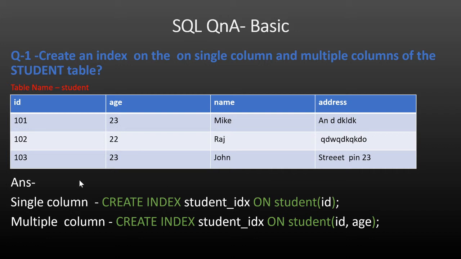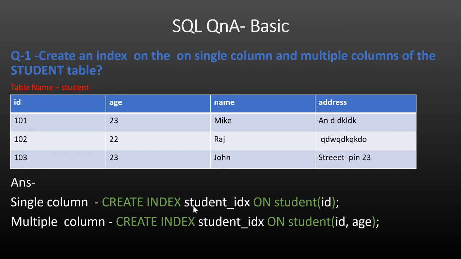To create an index on a single column, like the ID column, you can simply write a query: create index, followed by the index name. You can give any name to your index. Mostly it's given as the table name underscore idx, which we follow in our projects.